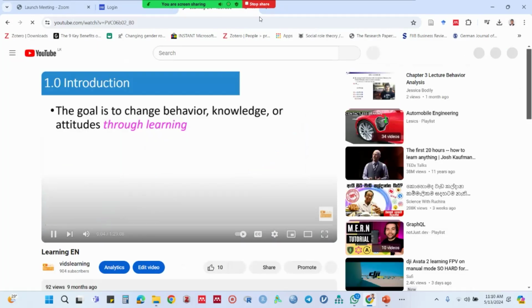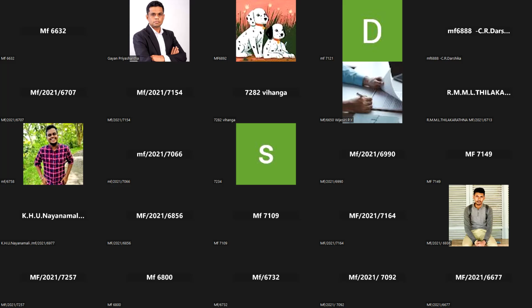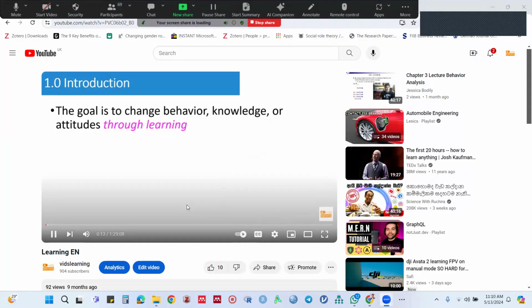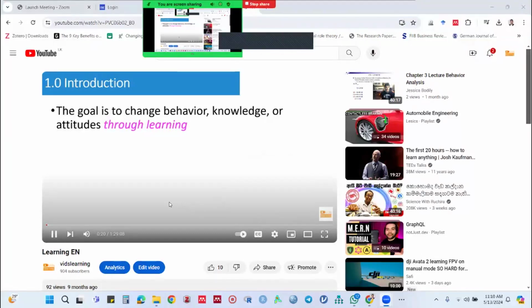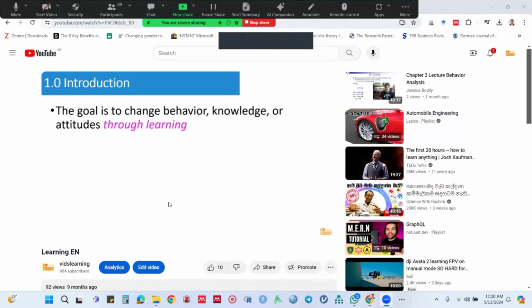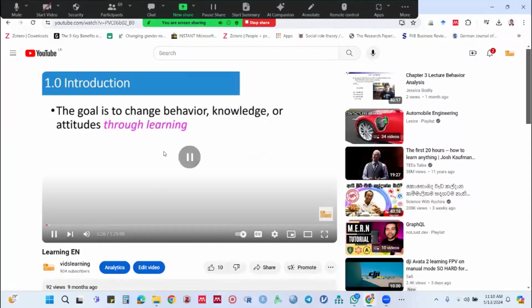The goal is to change knowledge or attitudes through learning. For example, if you have already learned something, our main target is to change our behavior, knowledge or attitudes on something through learning. So I'm not going to repeat this.